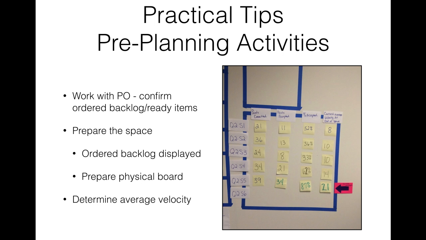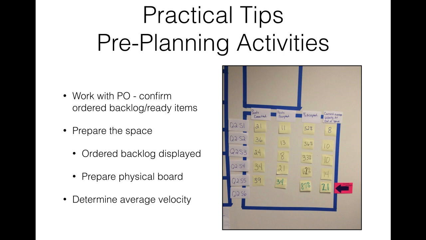And the last very important thing that you would do prior to going into sprint planning is to determine the team's average velocity. Average velocity is usually determined one of two ways. You can take the average velocity of the last 3 sprints. So what did the team get accepted over the last 3 sprints?